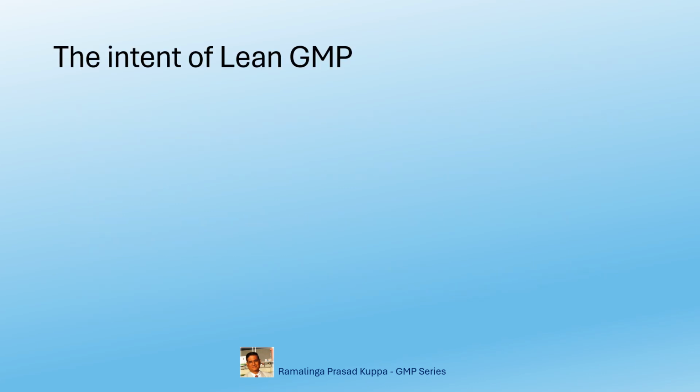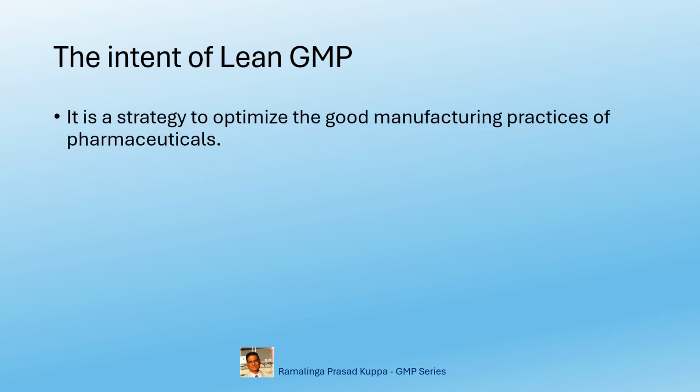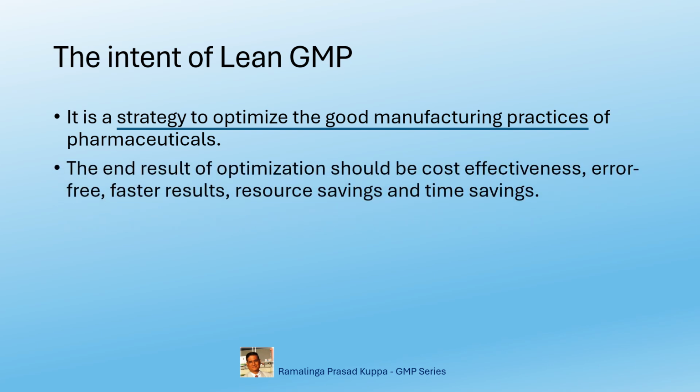Finally, let us see the intent of Lean GMP. It is a strategy to optimize the good manufacturing practices of pharmaceuticals. This is a strategy to use technology and other relevant aspects to practice a lean GMP to save resources and costs. The end result of optimization should be cost effectiveness, error-free operation, faster results, resource savings, and time savings.